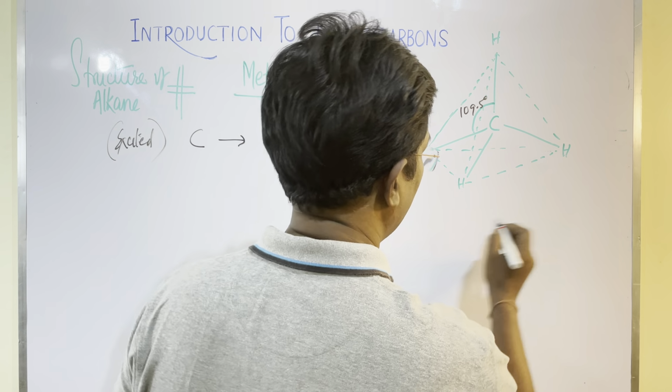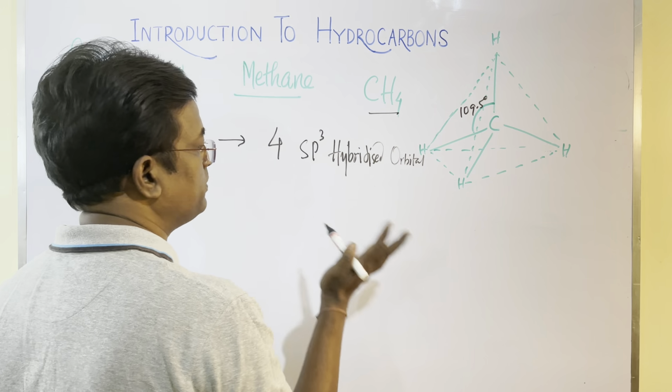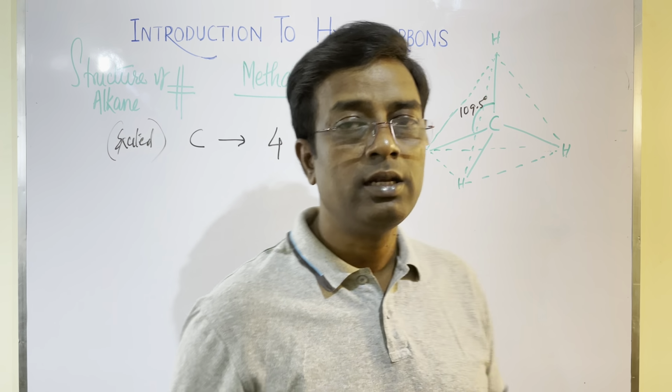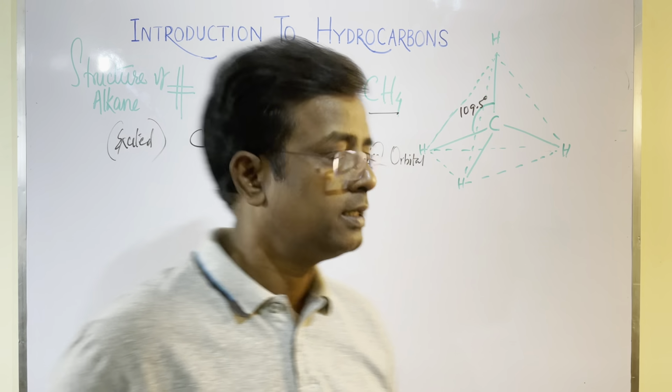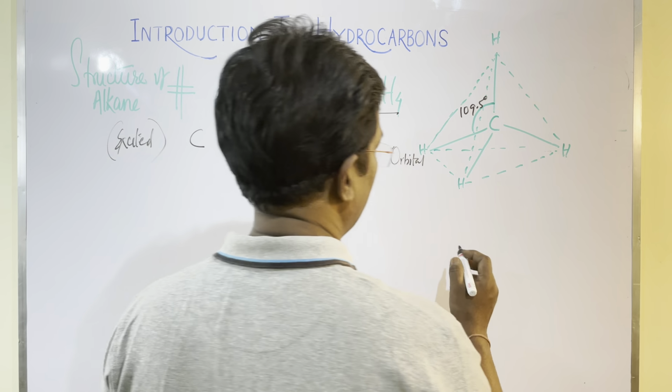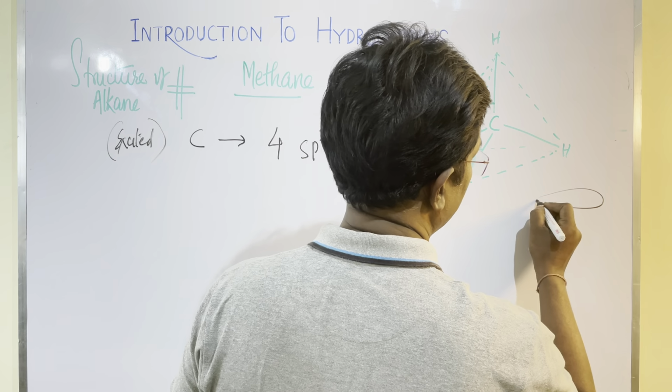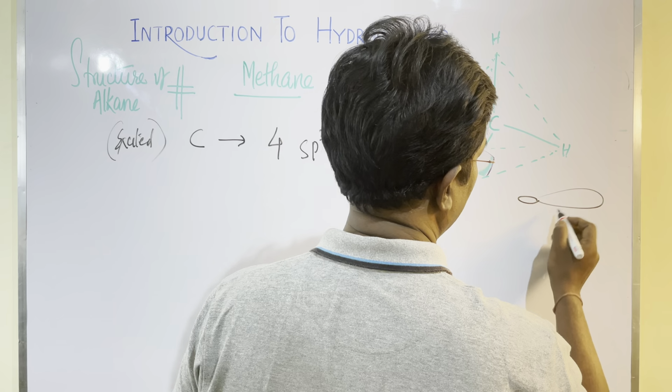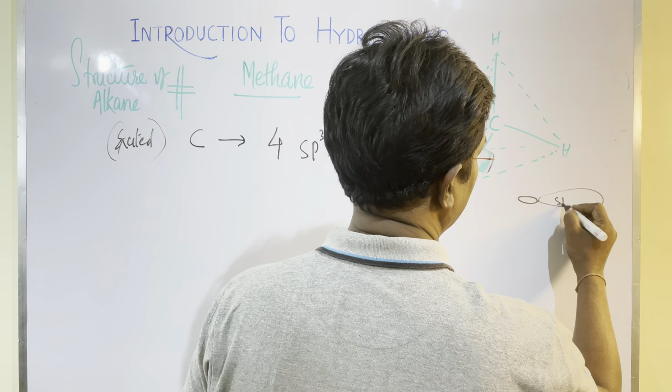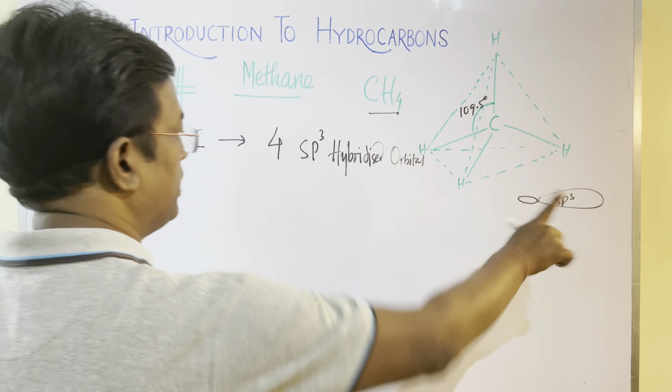Each of these 4 sp3 hybridized orbitals is equivalent, they possess equivalent energies and shape. So they are somewhere like this, all 4. This is the sp3 hybridized orbital diagram.